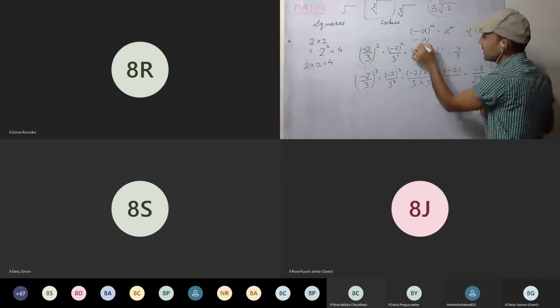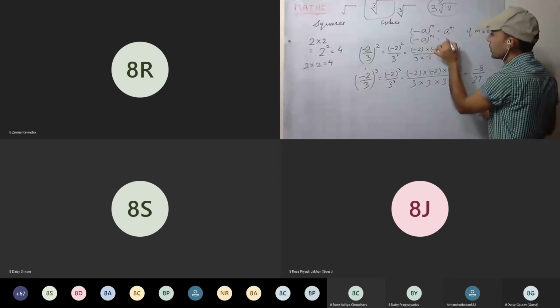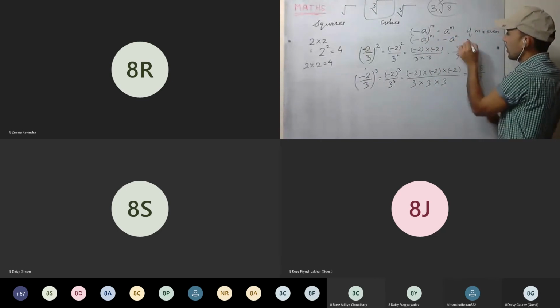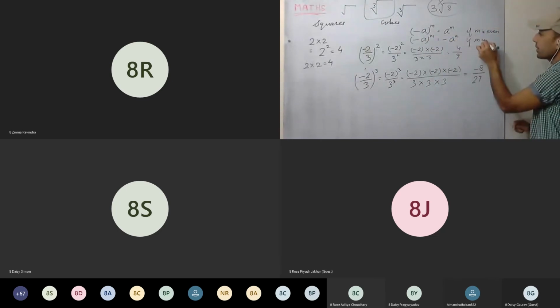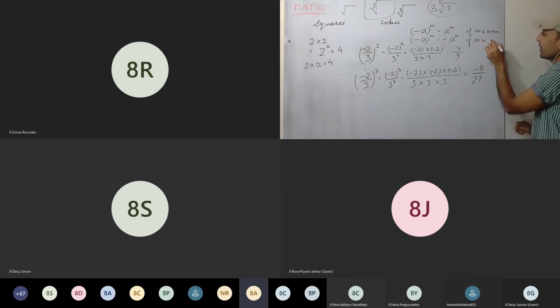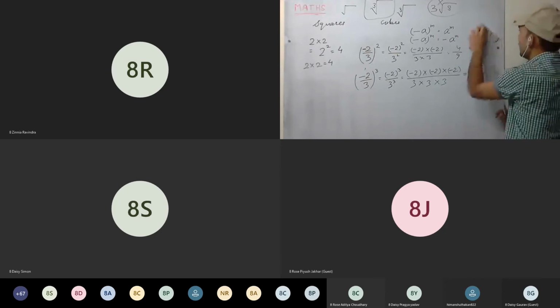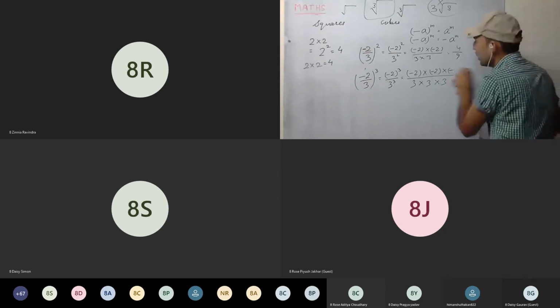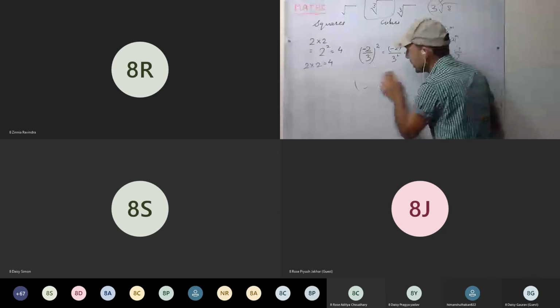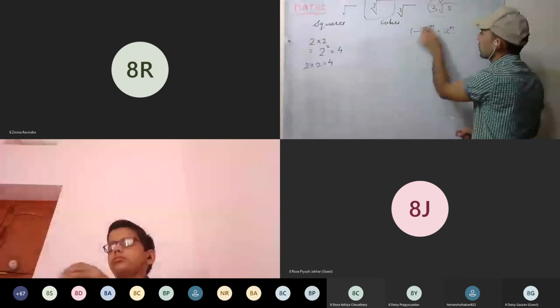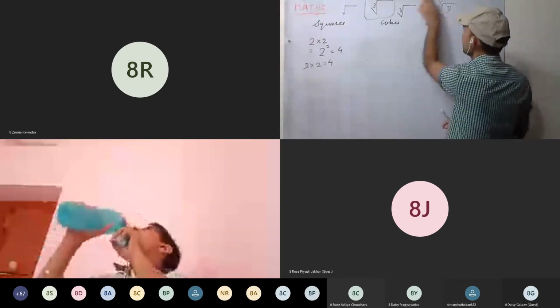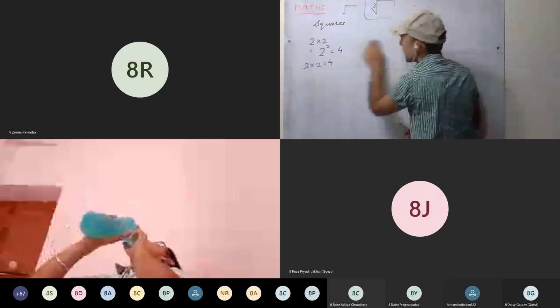And minus a whole raised to power m equals minus a raised to power m, if m is odd. Here, in exponents, we have discussed that part. Further, we will discuss as we proceed through the chapter. So we can start solving the questions. Cube root we can discuss later.